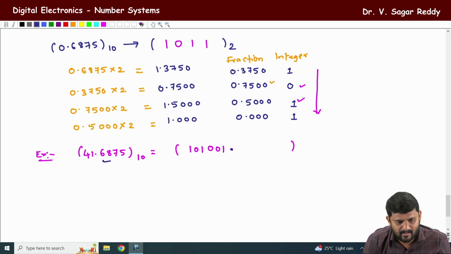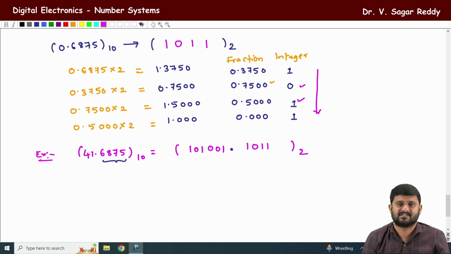For the fraction, the binary equivalent is 1011. So this is the binary equivalent for 41.6875. So we'll use successive division as well as successive multiplication to convert a decimal number to any radix.